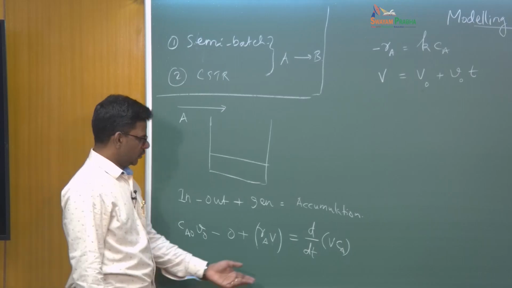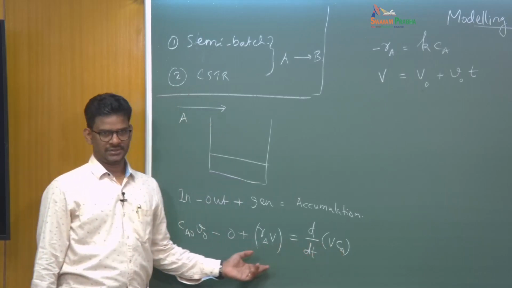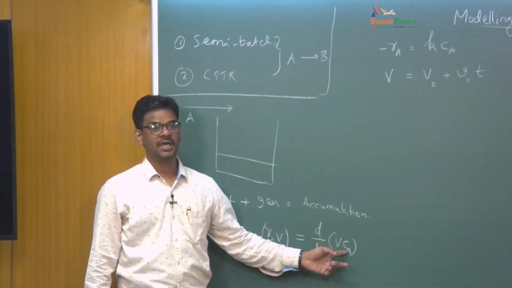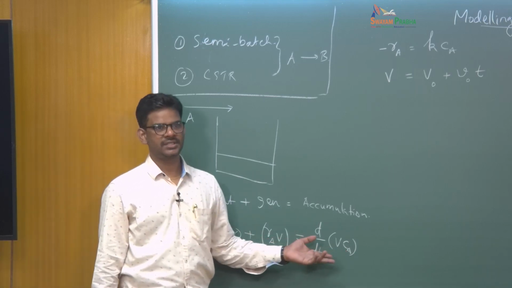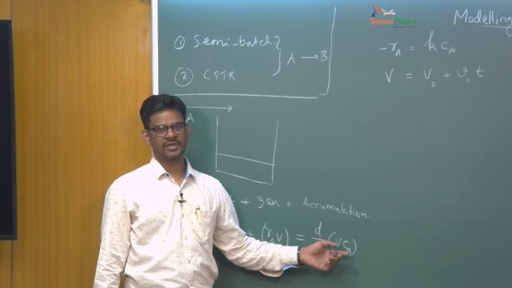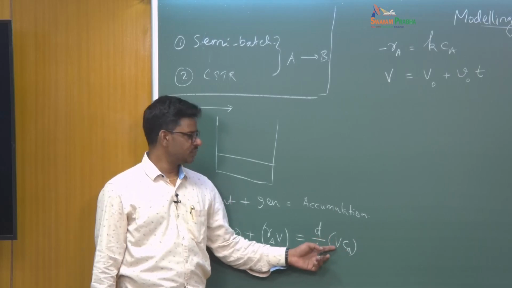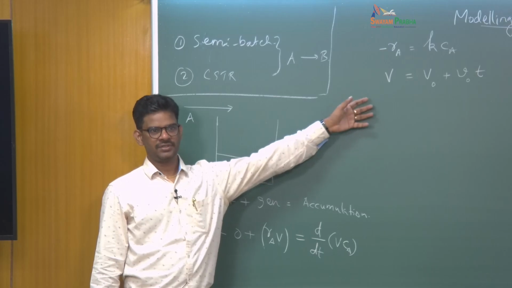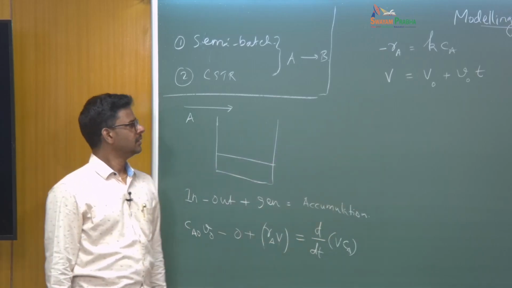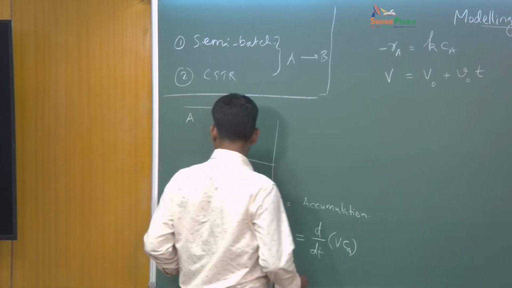You can see that there are two things in this equation. One is the volume, another one is concentration. Both are functions of time. We primarily are interested in the time change of concentration, and now we can substitute for volume using this independent mass balance on the volume of the reactor. So we can substitute all that. This quantity is constant.